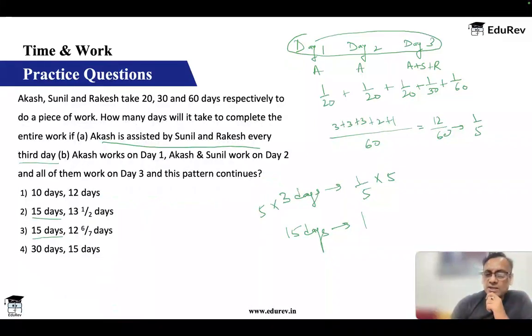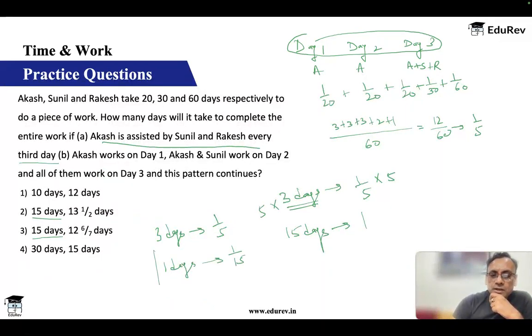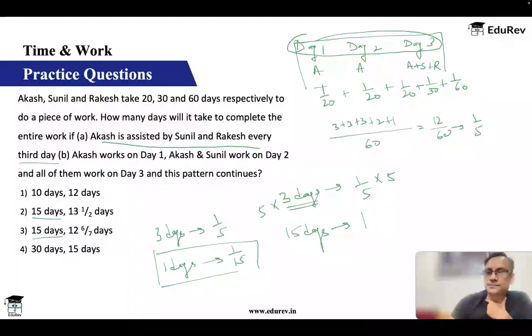One thing we have to be careful about is that in 3 days, what we wrote here, work done is 1 by 5. You should not say, as we were doing earlier, that in 1 day work done is 1 by 15. This will be wrong here because work is not distributed equally across the 3 days.